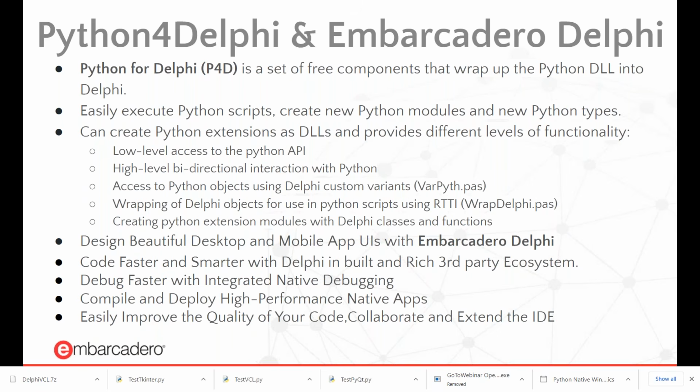And for types, we can create different objects using these Python types, since everything in Python is a type. You can create Python extensions as DLLs. That's what we are going to see in the coming demo. Using this library, you can wrap the Delphi objects and extend them as a Python extension module.